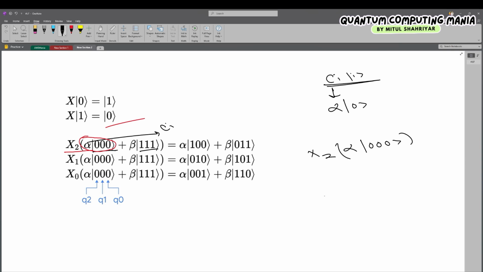So let me draw that so that you can understand that properly. You can see there are 3 lines, that means there are three qubits. So the first, that means in the last row, we have the 0th qubit, the middle one is the 1st qubit, and the last one is the 2nd qubit. So 0 1 2.